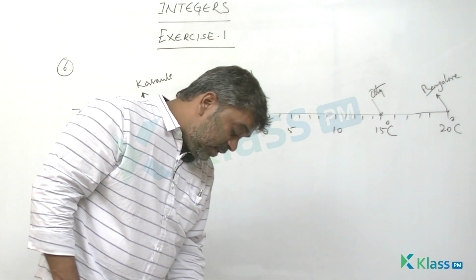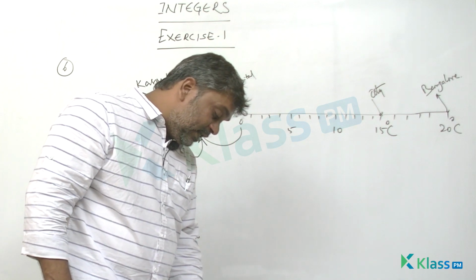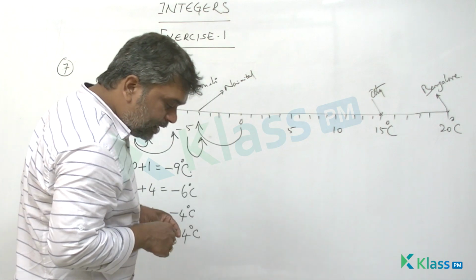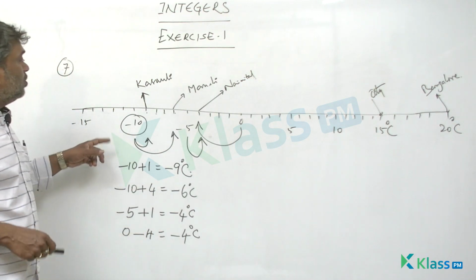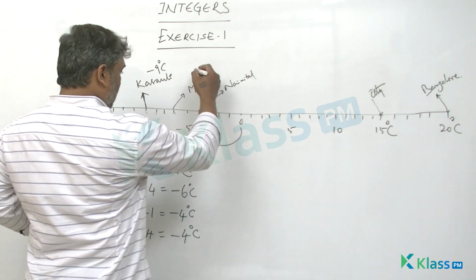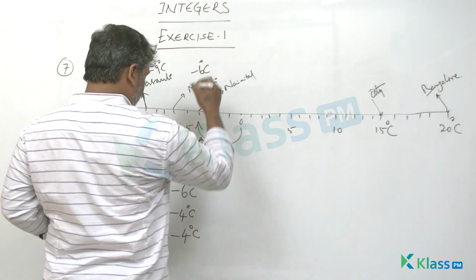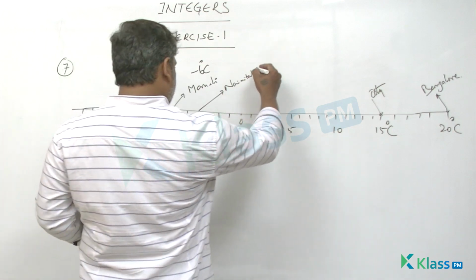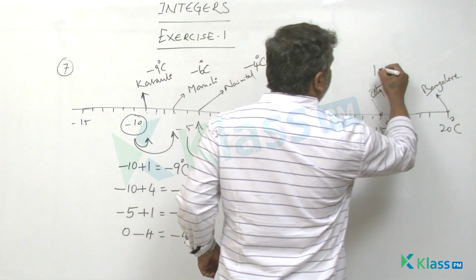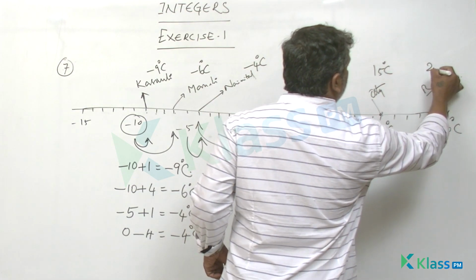The next one, the second bit in this 7th question, is which city has the highest temperature? So, Kasuli is minus 9 degrees centigrade, Manali is minus 6 degrees centigrade, Nainital is minus 4 degrees centigrade, Ooty is 15 degrees centigrade, Bangalore is 20 degrees centigrade.